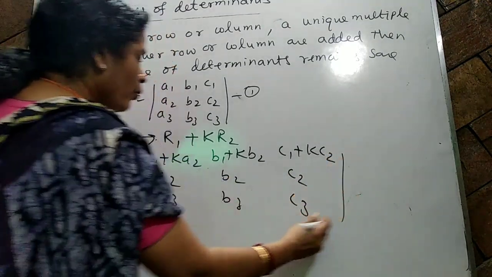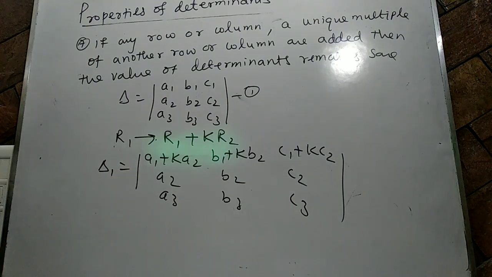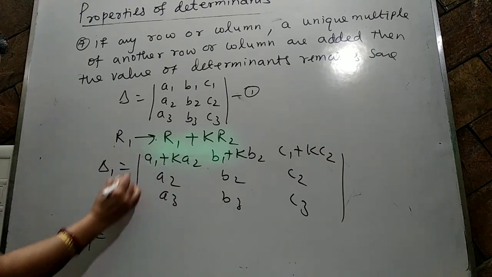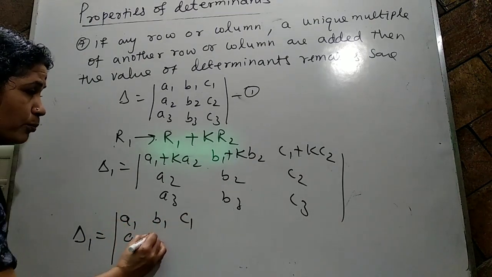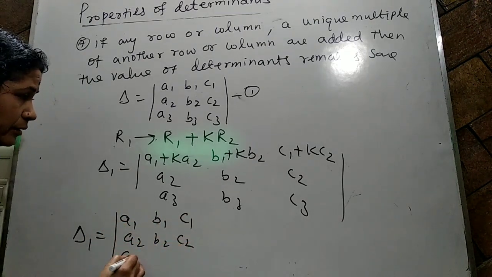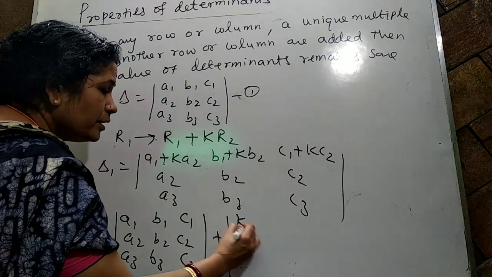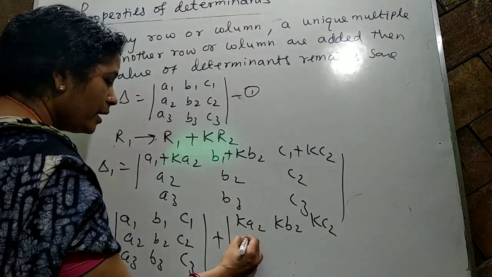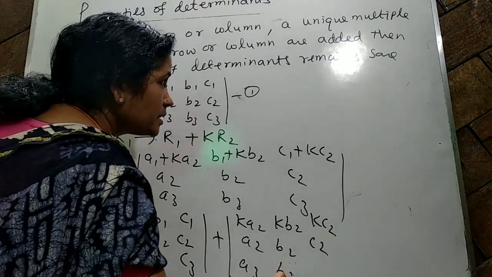Now, we have seen one property: if any row or column is a sum of two or more elements, then the determinant can be expressed as a sum of two or more determinants. As per that, we can split this into two determinants: a1, b1, c1, a2, b2, c2, a3, b3, c3, plus K into a2, K into b2, K into c2, then a2, b2, c2, and a3, b3, c3.